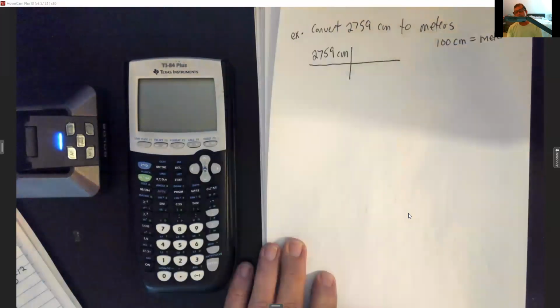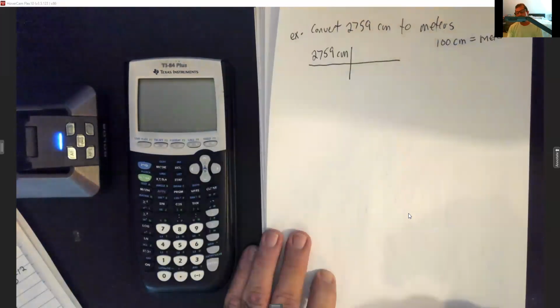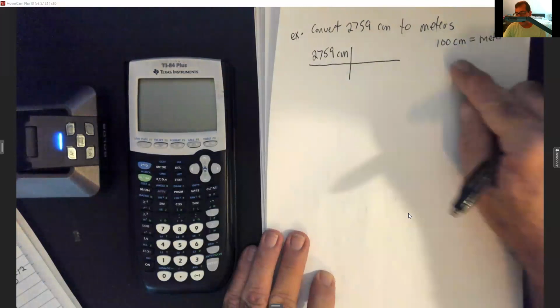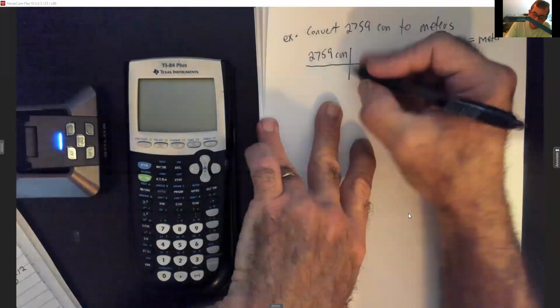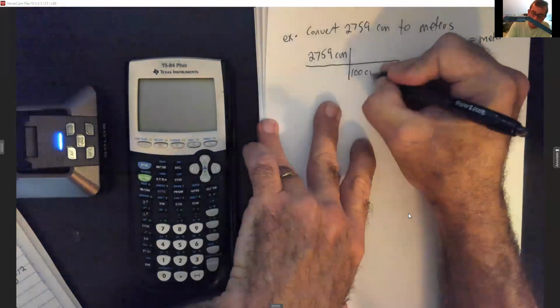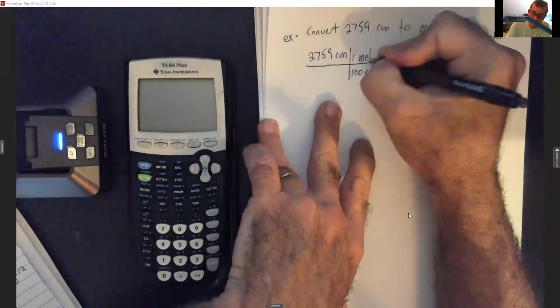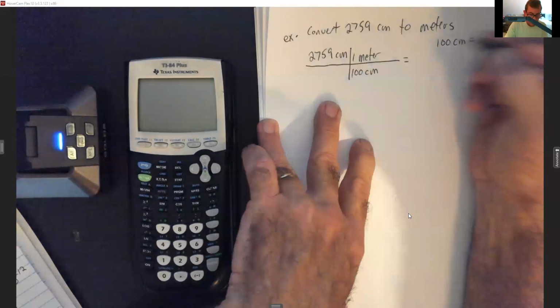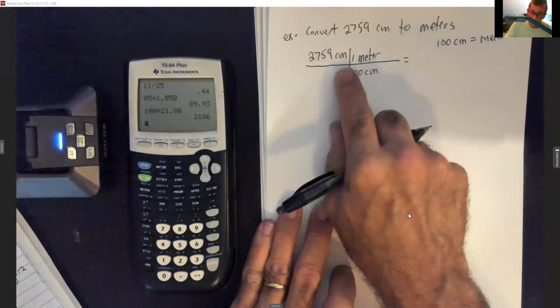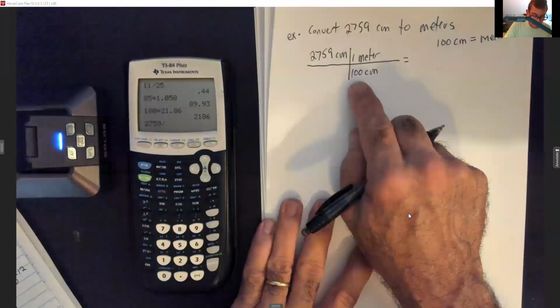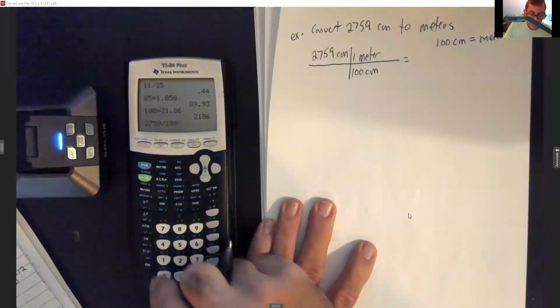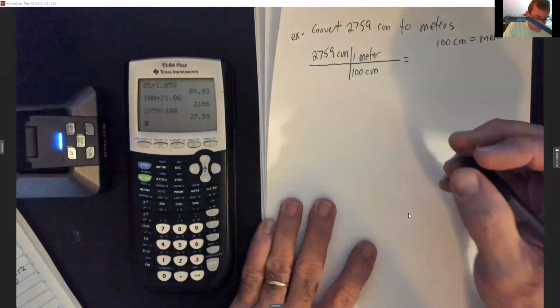Since you had to divide by 100 to go down that way, you have to multiply by 100 centimeters to get back to 1 meter. So here we go. We got 100 centimeters is 1 meter. All right, so all we would do is take the top, which is 2,759, divide that by 100, and I get 27 point.